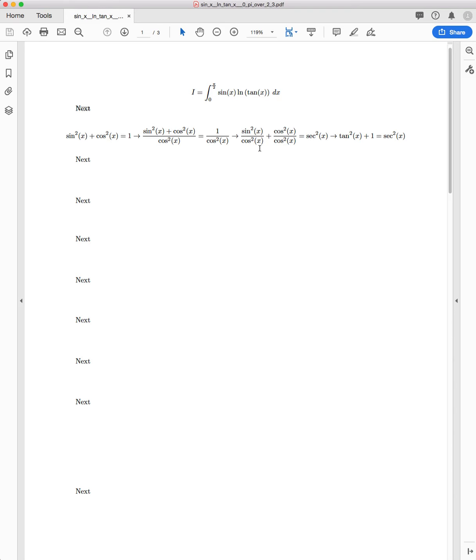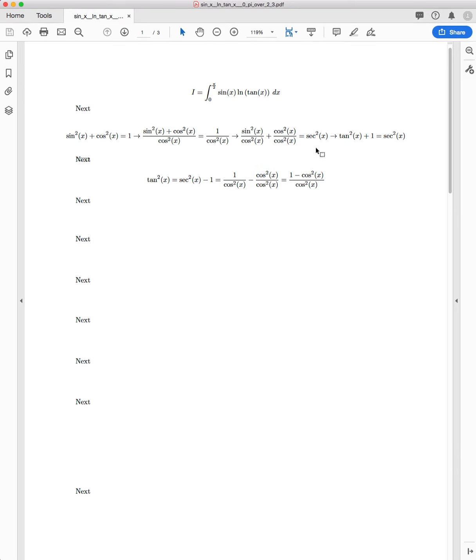So therefore this means sine squared of x over cos squared of x is just equal to tan squared of x, plus cos squared over cos squared is equal to 1, and then we've got sec squared of x. So you can see here we've started off with this identity, and now we've got something that combines tan and cos.